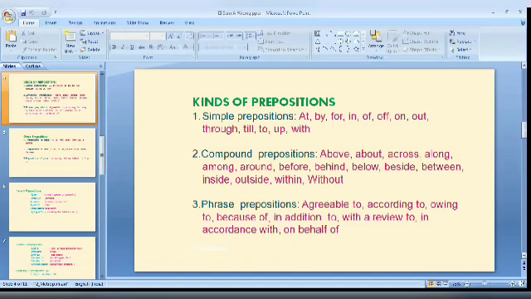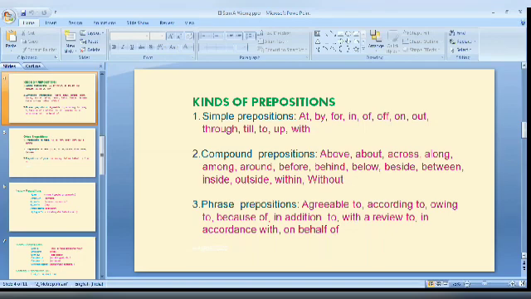First, we try to see the first group, simple prepositions. What are called as simple prepositions? At, by, for, in, of, on, out, through, till, to, up, with. These prepositions are all called simple prepositions because we usually use these simple prepositions. They always occur in the language.